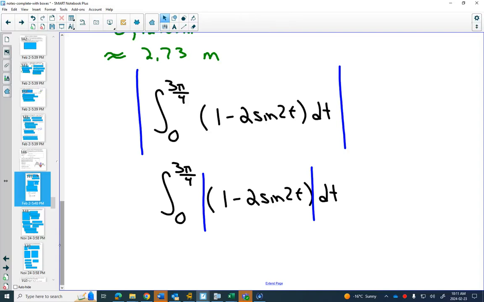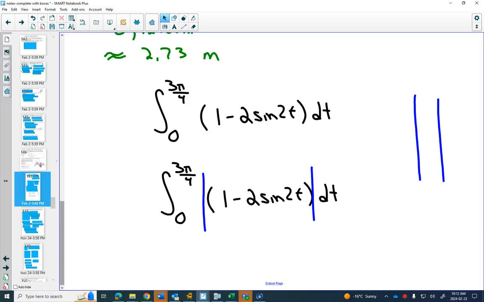Without the absolute value bars, we have displacement. So this part, if I just move these away for a little bit, this part right now is the displacement. And the displacement says add up the positives and the negatives, combine it together, and find out how far away from your starting point you are. And it will give you an answer.